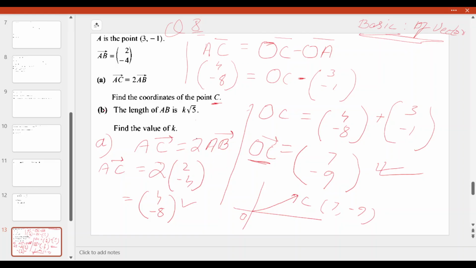Part B says the length of vector AB is k times under root 5. Length means the magnitude. Find the value of k. We have to find out the value of k.